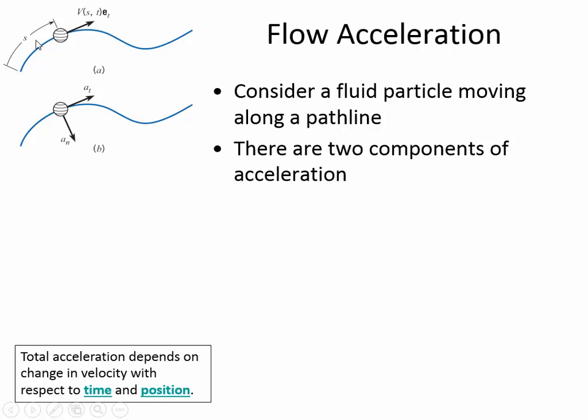So here s is just referring to its position. And you can see that it has a velocity at a particular time, but velocity is a function of both s and t, meaning that it's possible for a particle to be accelerating on two different bases, the basis of its position and the basis of its time. And so we'll look at different illustrations of that.